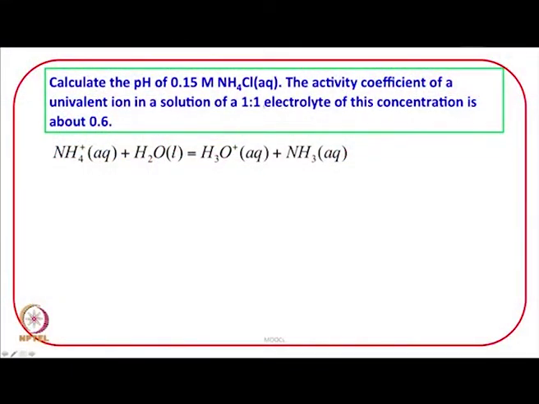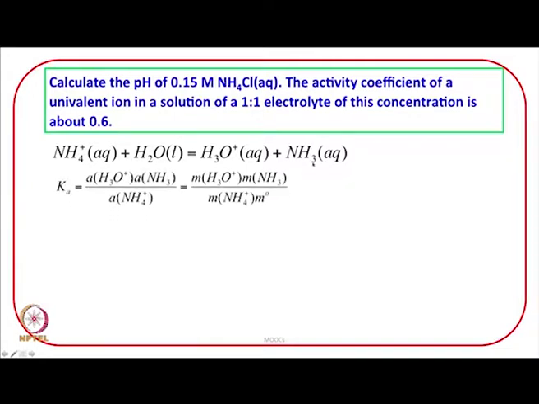Since we have ammonium chloride, the corresponding equilibrium is ammonium ion plus water forming H3O plus and ammonia. And Ka, the acidity constant for this weak acid, will be the activity of hydronium ion times the activity of ammonia divided by the activity of ammonium ion.